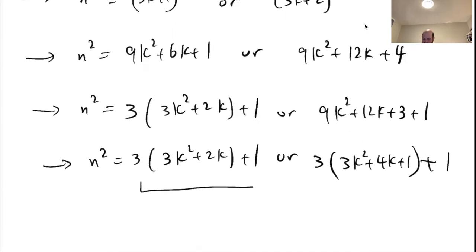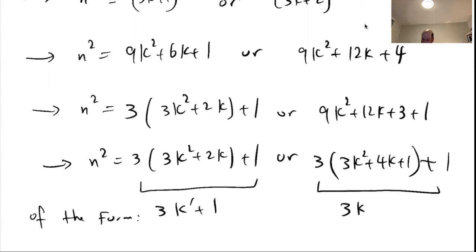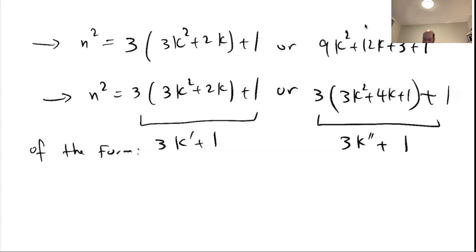So this is of the form 3k prime plus 1, right? And this is of the form 3k double prime plus 1, for integers k prime and k double prime.